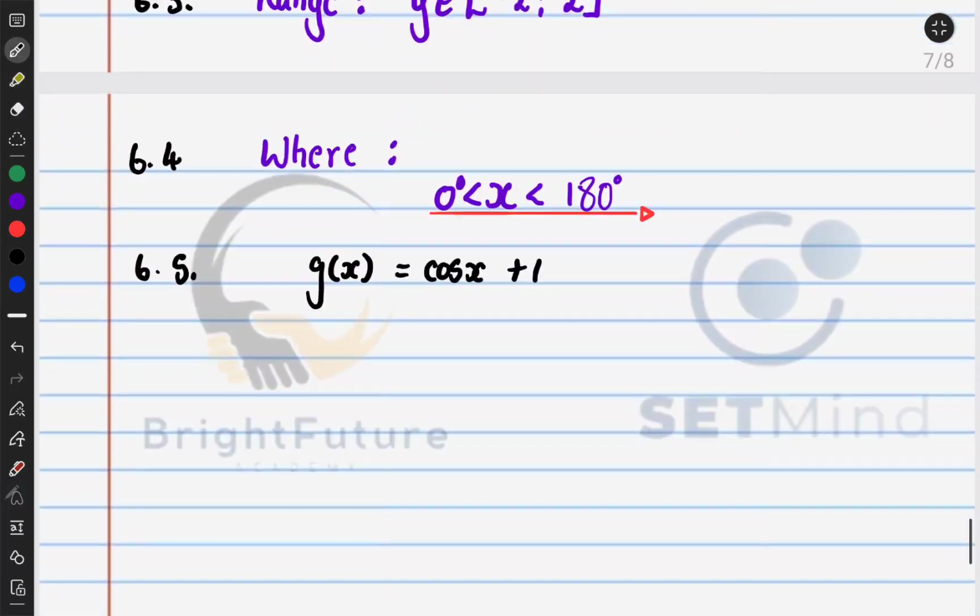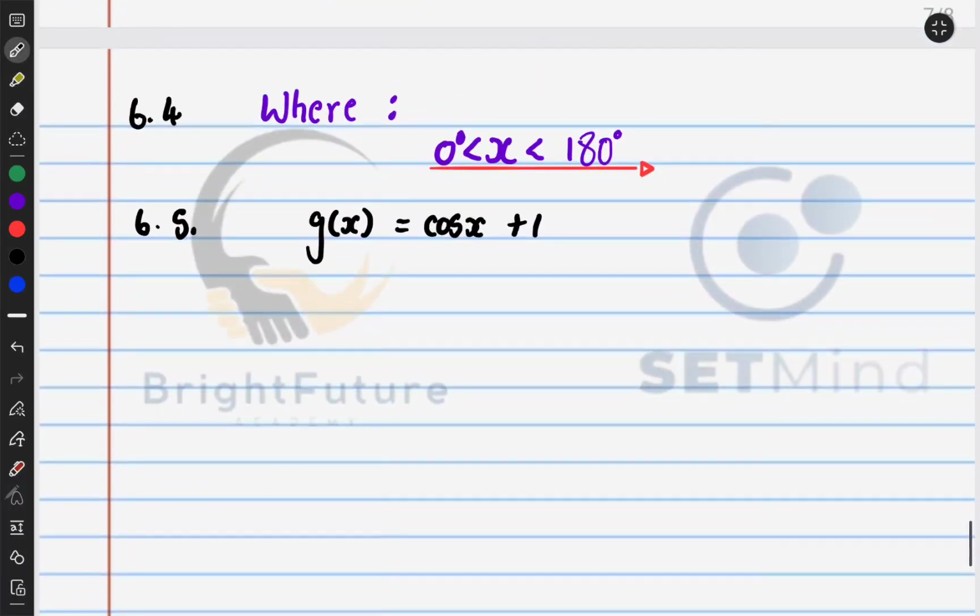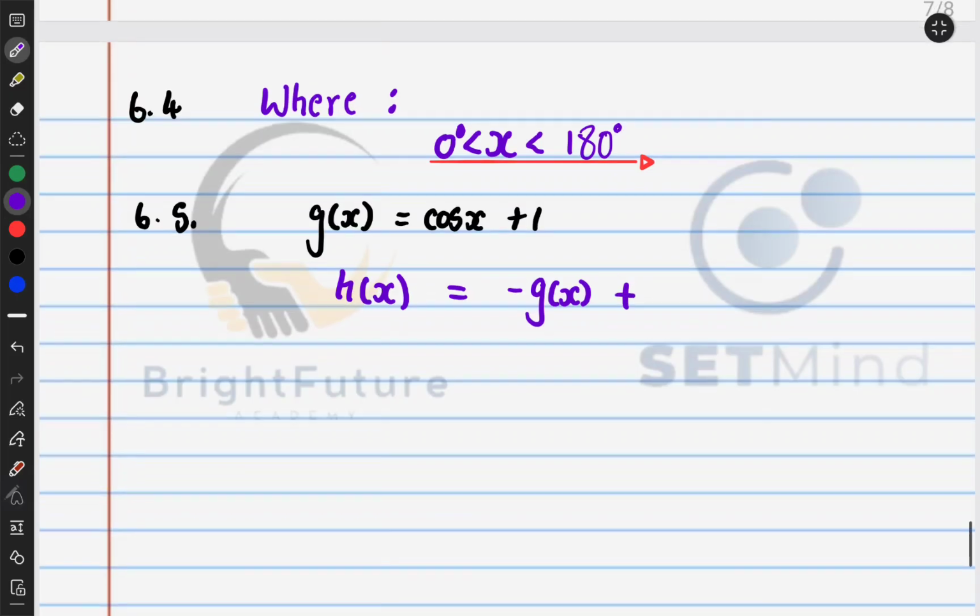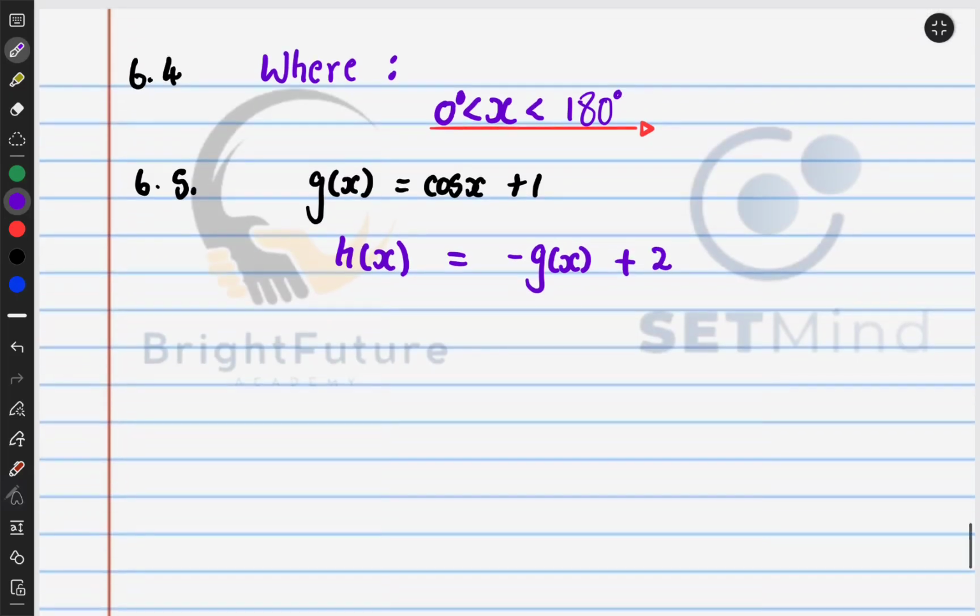So let's come here. What do we have to do? We have to reflect the graph of g. So the graph of h at x is equal to negative g at x plus 2, and then shifted 2 units upwards. Okay, and then we come here, we're gonna have what? Negative.